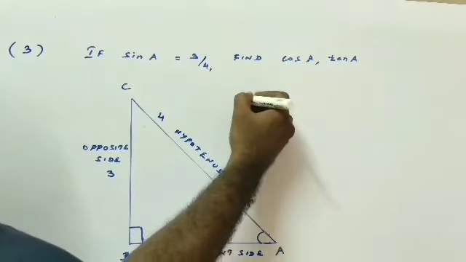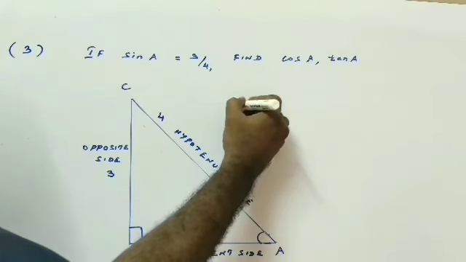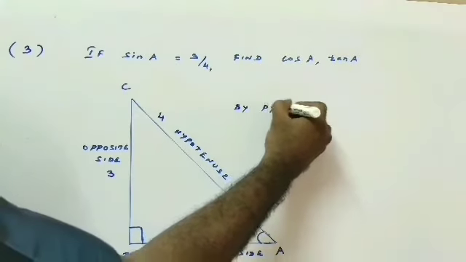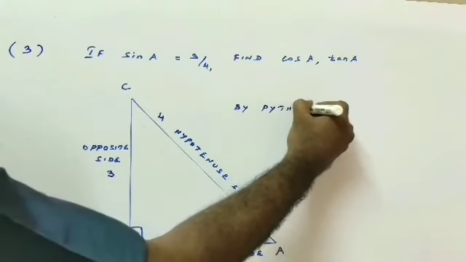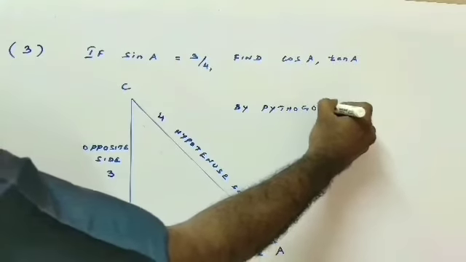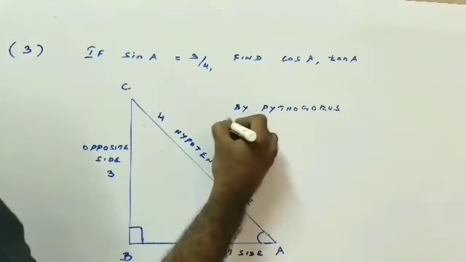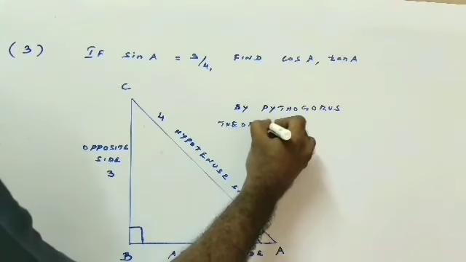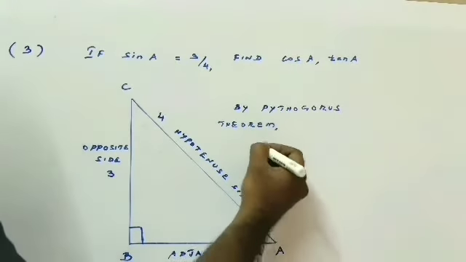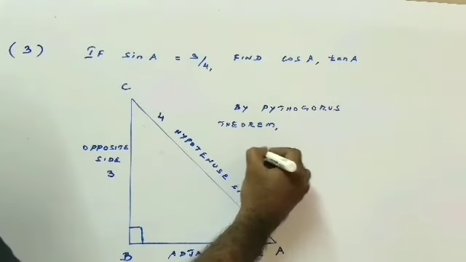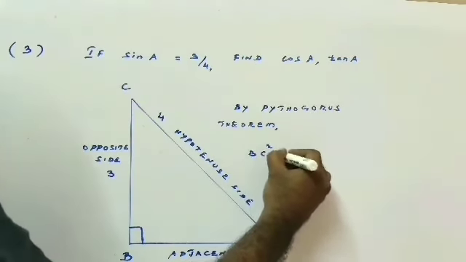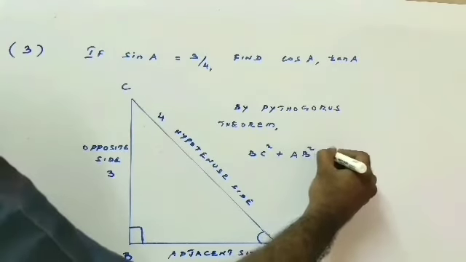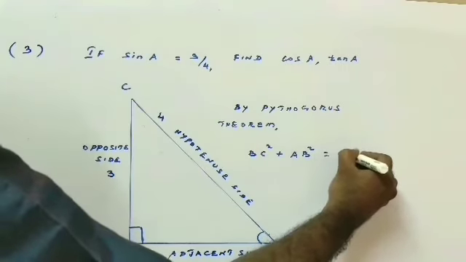First you write the Pythagoras theorem: opposite square, that is BC square, plus adjacent square, that is AB square, equals hypotenuse square, that is CA square.